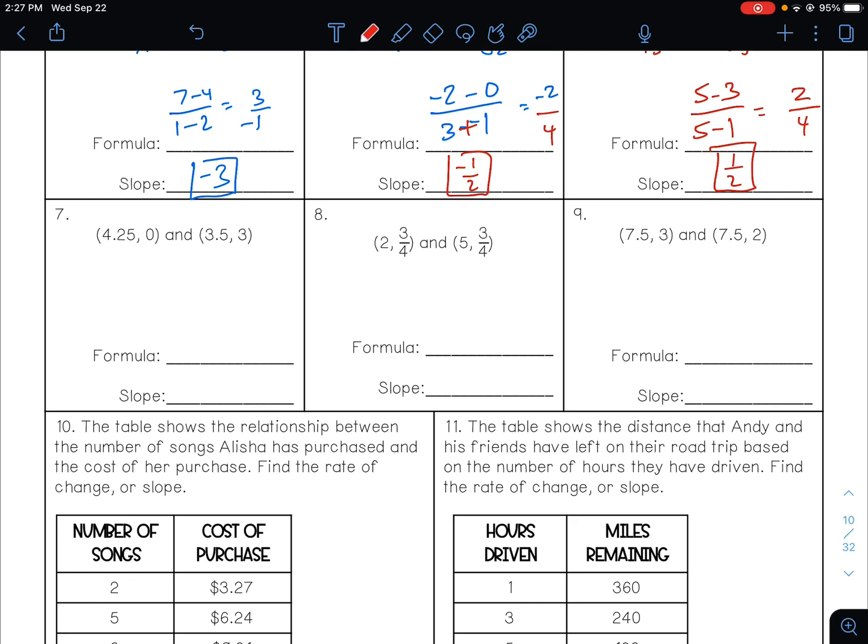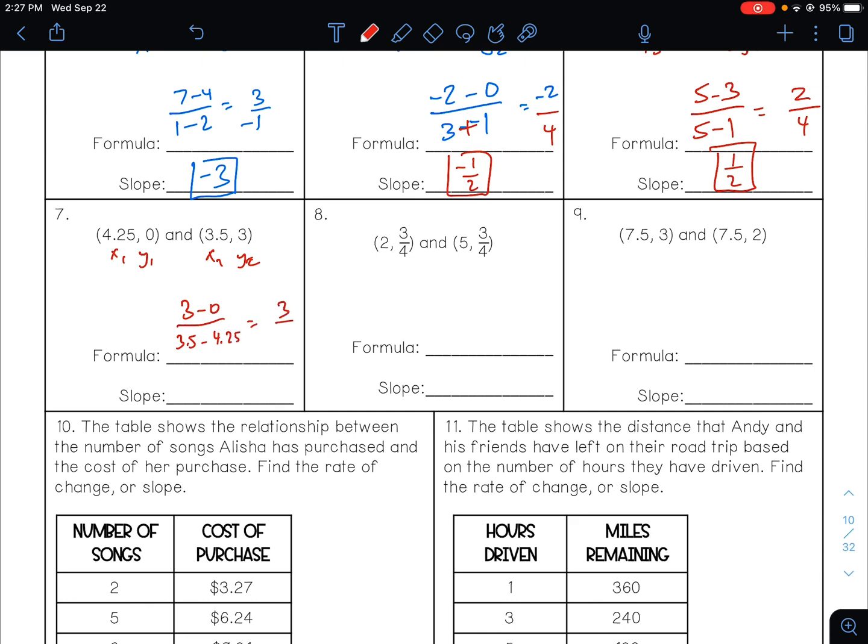Yeah, please. Sorry. For this one, let's do this as x1, y1, x2, y2. So y2 is 3, y1 is 0, x2 is 3.5, x1 is 4.25.